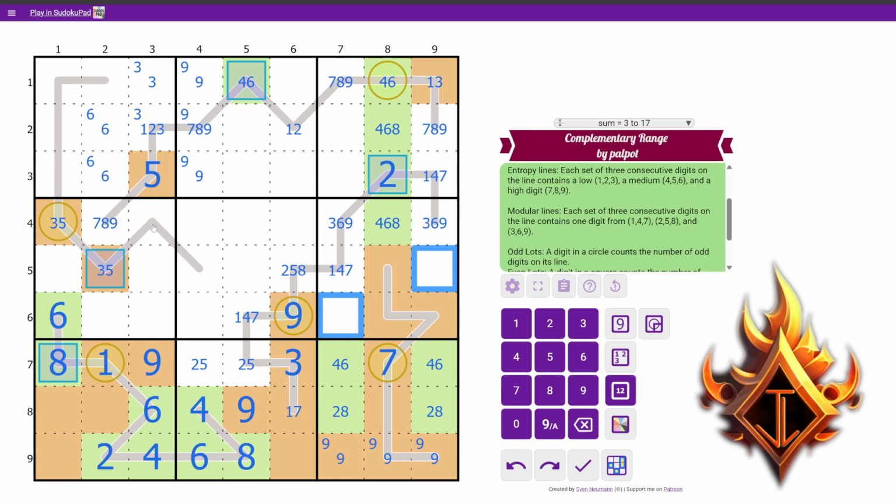Can 2 be there? Yeah, it could be there if it was a modular line. Or wait, no. If this was a 3, 2 could not be on this line.